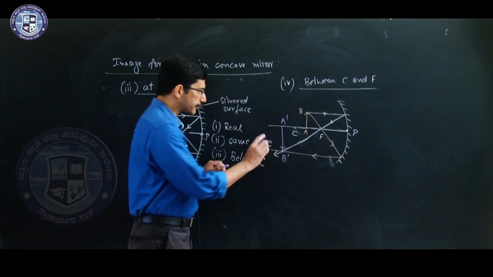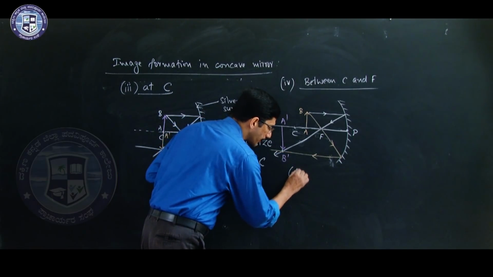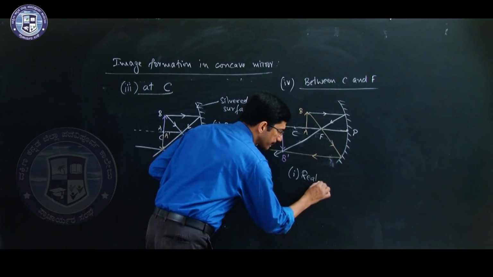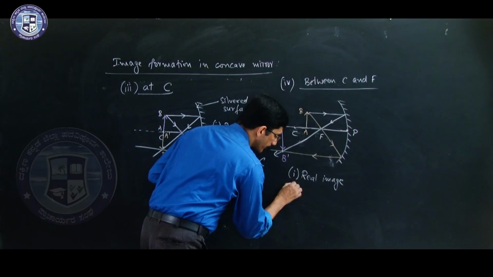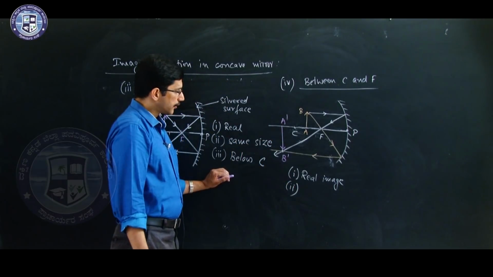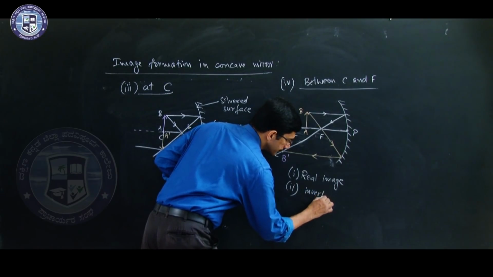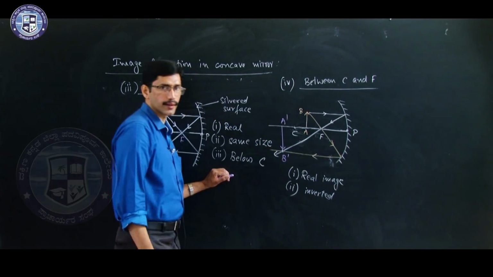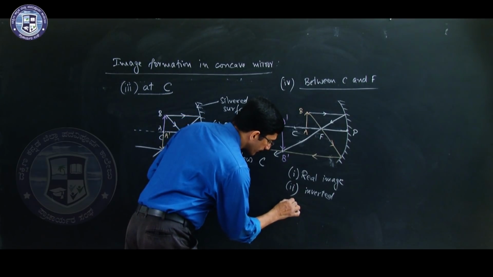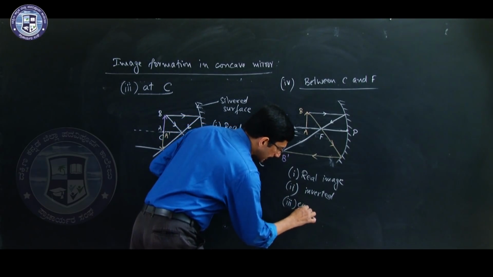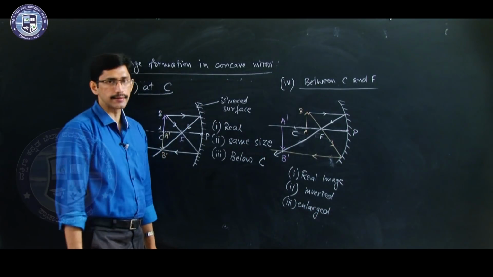If the rays after reflection actually meet at a point, then the image formed is always a real image. So, the image formed is real and inverted, upside down, and it is an enlarged image.